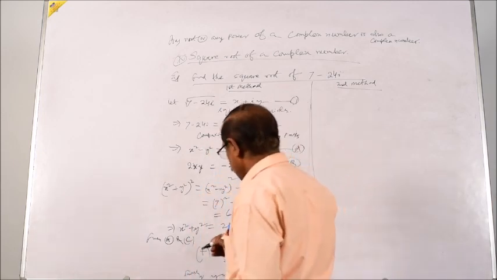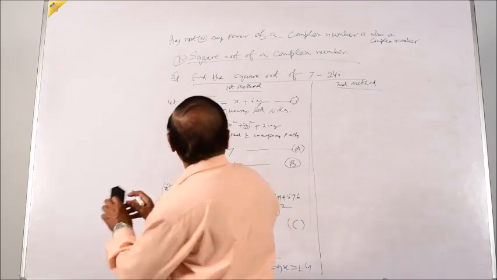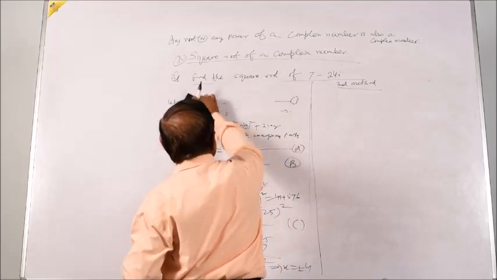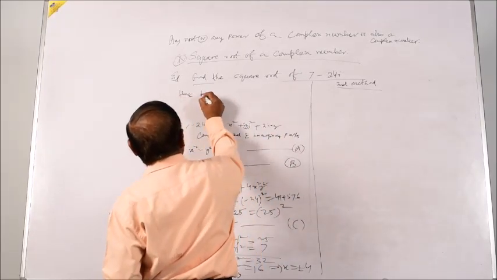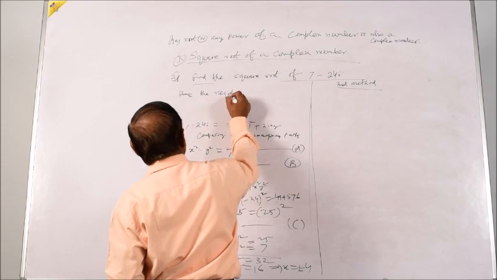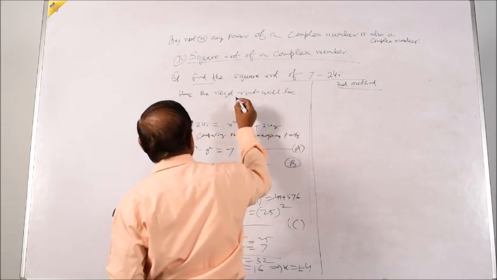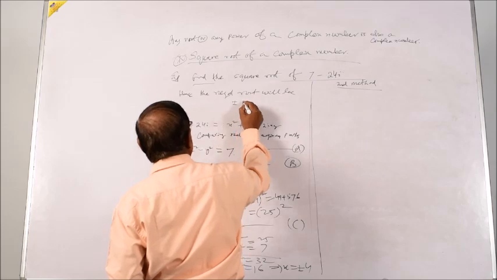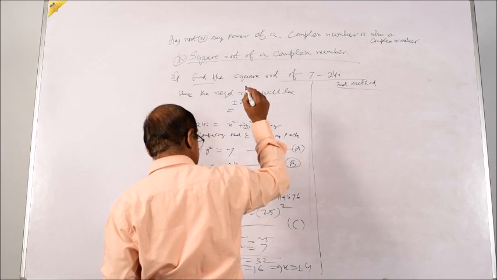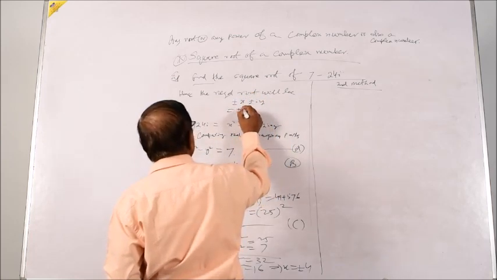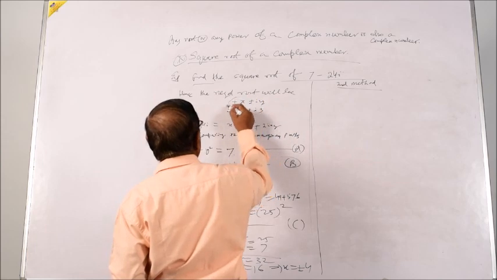Hence the required root will be plus minus x plus minus iy, that is we have got plus minus 4 plus minus 3i, this is the required root.